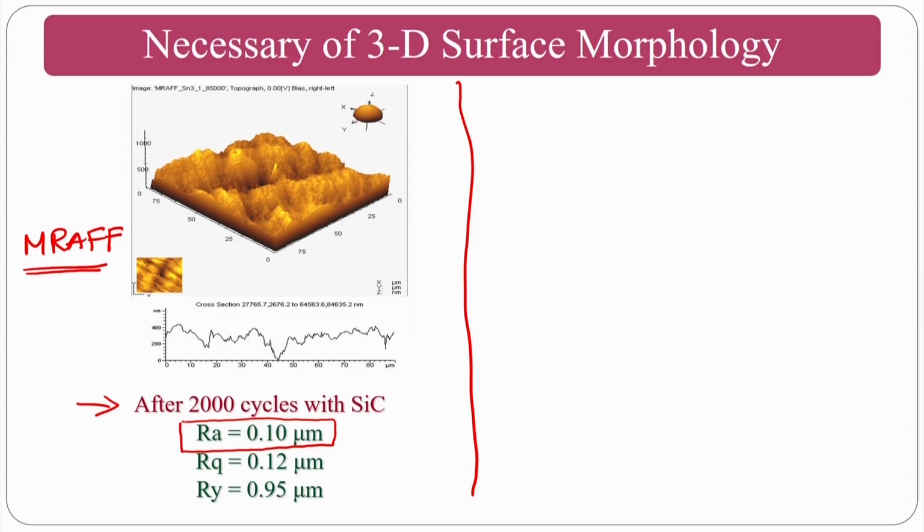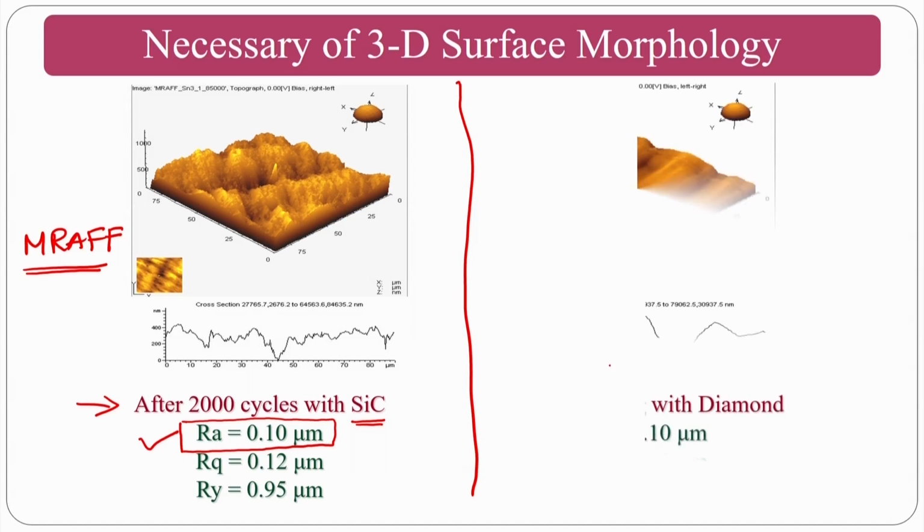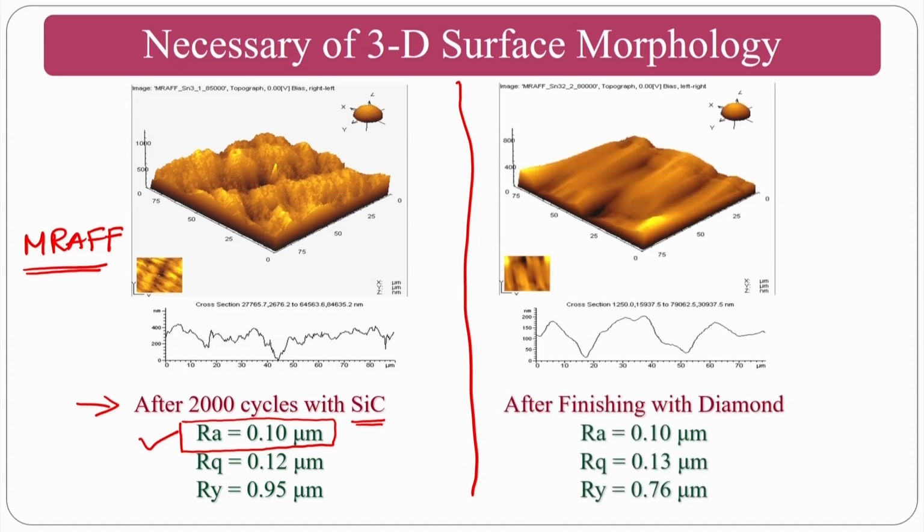This is the atomic force microscopy image, where the MRAFF process has been done for 2000 cycles with silicon carbide as the abrasive particle, and you are going to get a surface. But what you have to note here is the surface roughness value is 0.1 micron. If you see the same MRAFF process here also, you are going to get approximately the same value of 0.1 micrometer. Here it is finished with diamond particles.